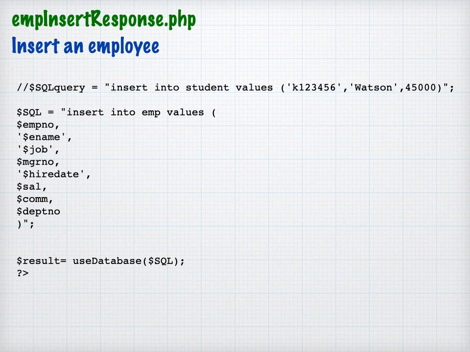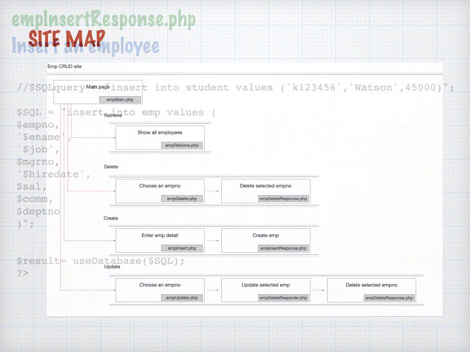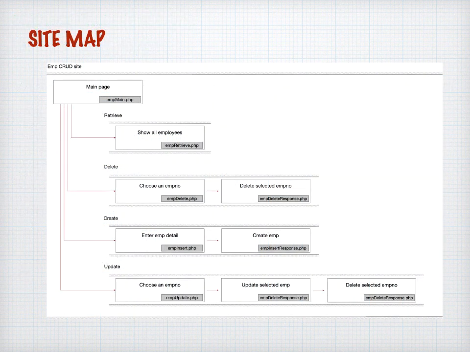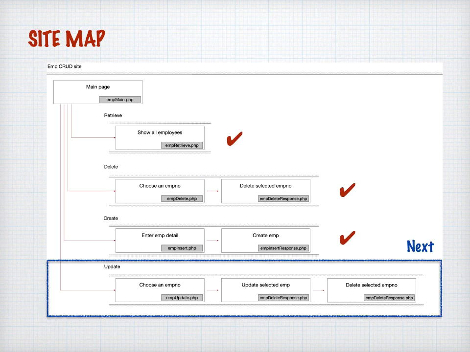And then we can have a simple message that basically says one row inserted or the new person has been inserted, something like that. And that can just be a simple print statement. So that's the first three bits of functionality for this done.